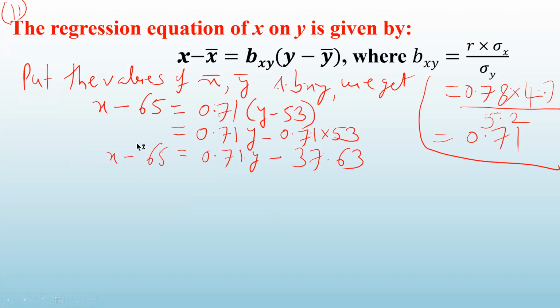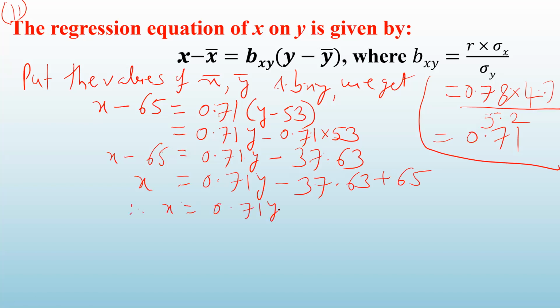Okay. Now what you have to do? You have to shift this term minus 65 to the other side. So x is equal to 0.71y minus 37.63, and when you shift minus 65 here, it will become plus 65. Therefore x is equal to 0.71y minus 37.63 plus 65.